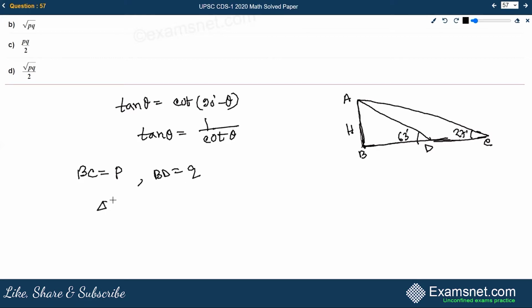So in triangle ABD, we can write tan 63° equals AB by BD.